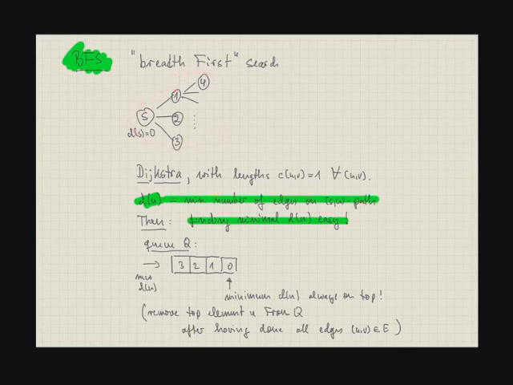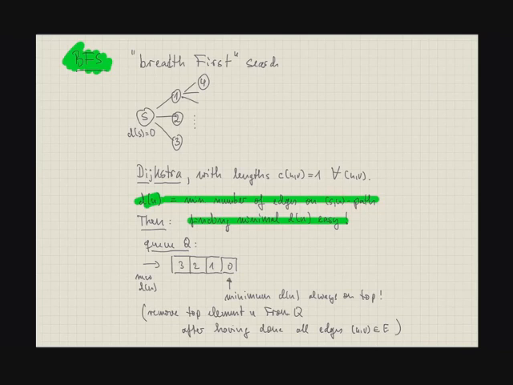Now, if you ask how to implement that, I can answer that very quickly. You just take your implementation of Dijkstra's algorithm with the assumption that all the edge lengths are equal to 1. Then the distance label for vertex u will be the minimum number of edges on any S-u path, if it exists.